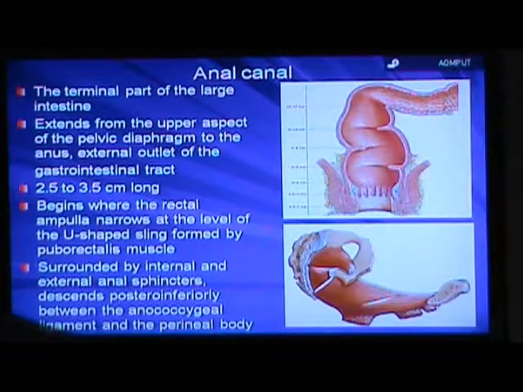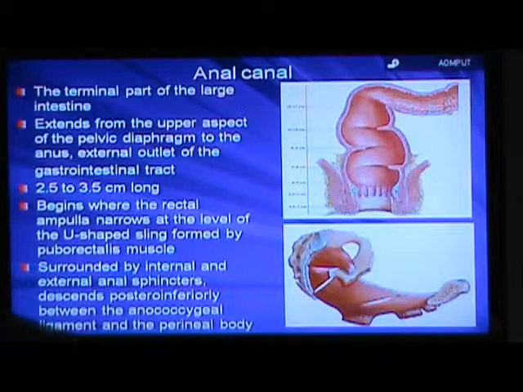Let's talk shortly about the anal canal, because in the gastrointestinal tract we talk only about the rectum, but we remember that the anal canal also belongs to the rectum, yes? So it's the terminal part of the large intestine.